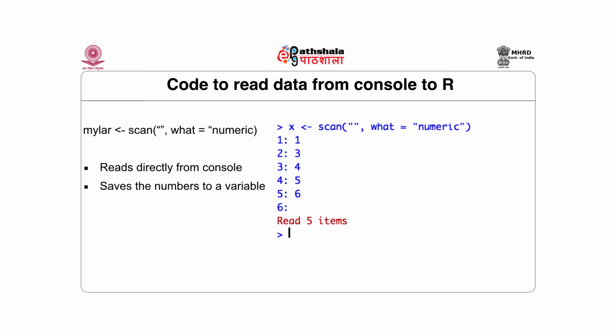And so then I've clicked enter, and immediately I find that there are like 5 or 6 lines come up. So till 5 lines I've kind of randomly punched in numbers, and then when it comes to the 6th line, I've left it blank, I hit enter, and then R understands that it has read 5 items.